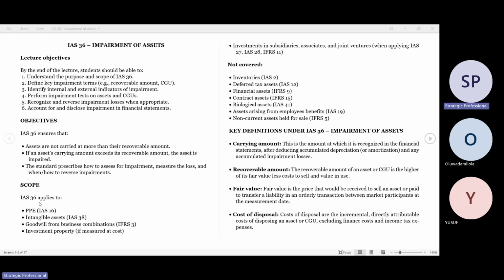asset is worth. Now, in relation to impairment of assets, IAS 36 is saying that assets should not be carried at more than their recoverable amount.